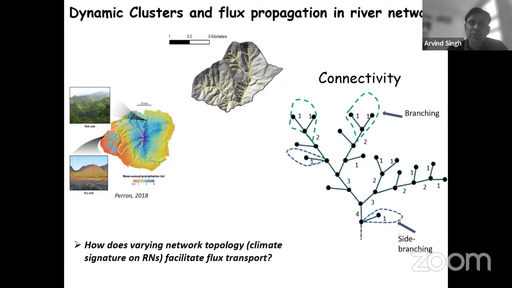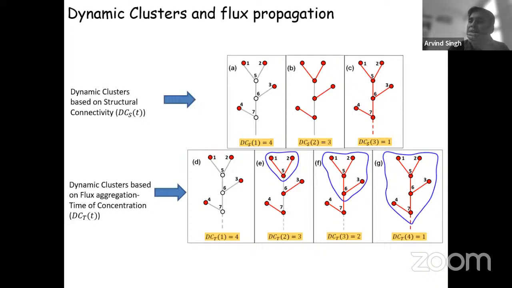And we can introduce clusters, which are defined as a set of connected elements that are disconnected from other elements in the system, and introduce flux propagation processes based on dynamic connectivity of these clusters. That is how these clusters evolve as a function of time with different transport processes.